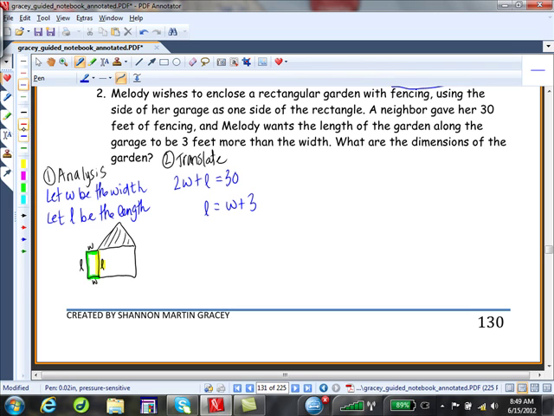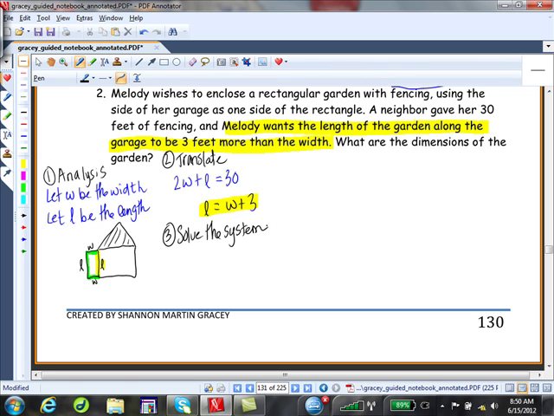So L has to be W plus 3. All right. So third, solve the system. This one is nice. It's completely set up for substitution.